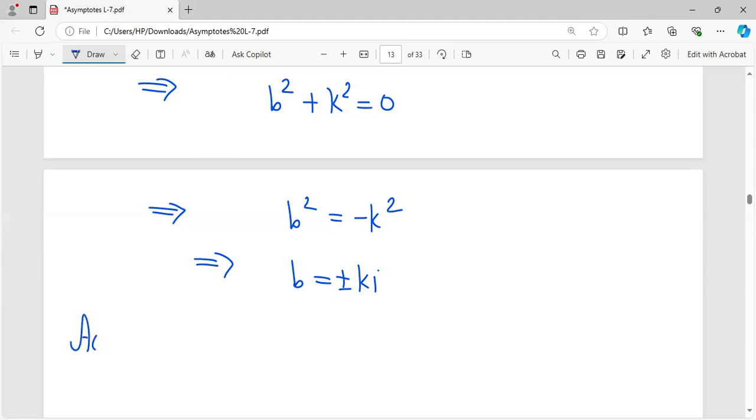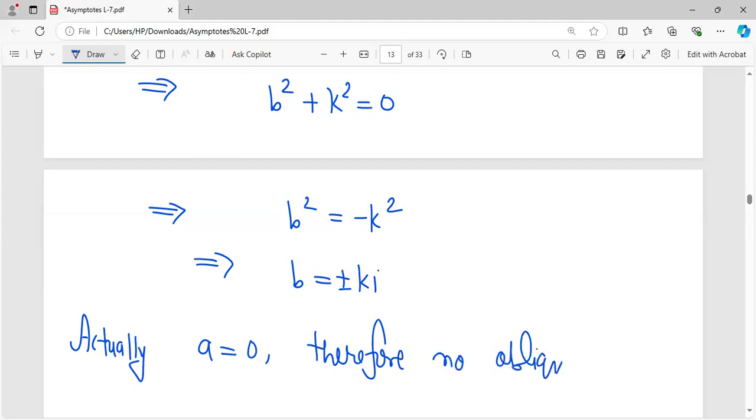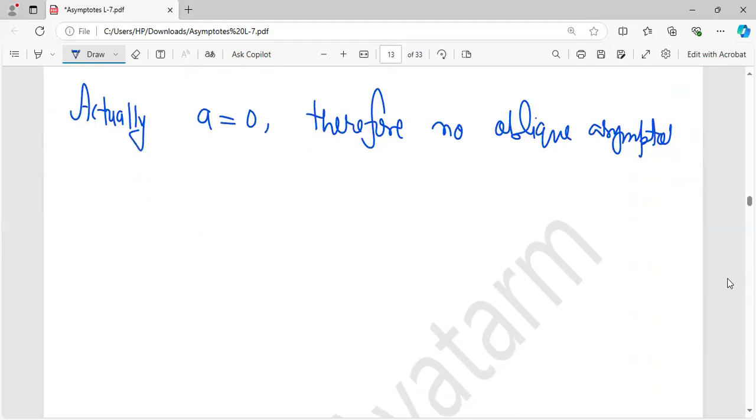Actually, A is equal to 0. Therefore, no oblique asymptote exists.